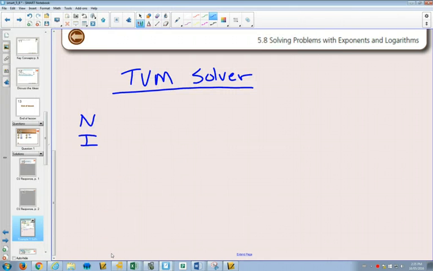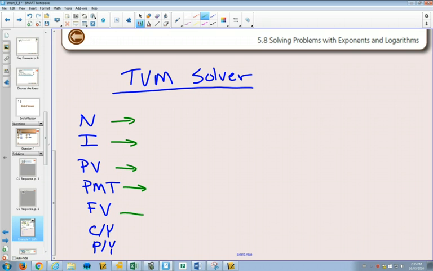So on your TVM solver, you have the following things. What we're going to do is define each of these.